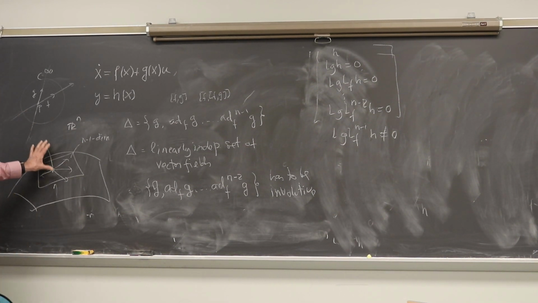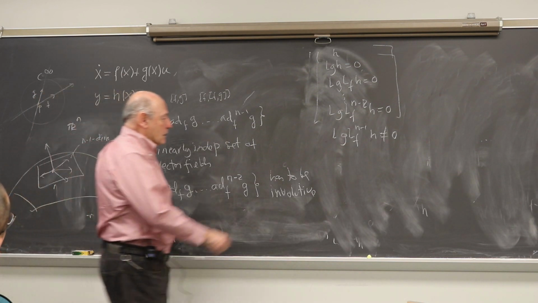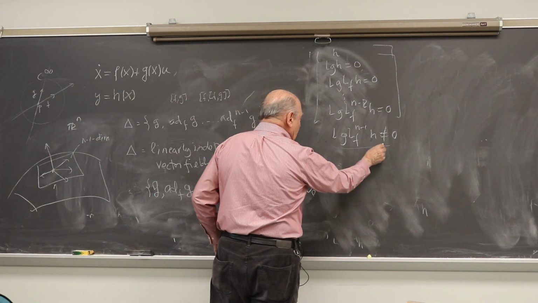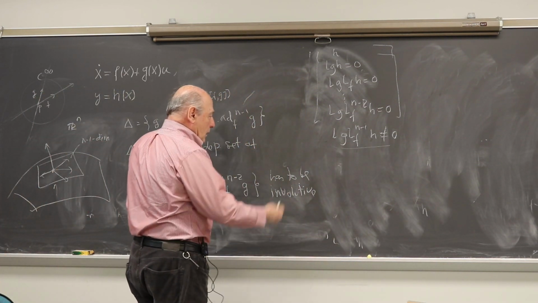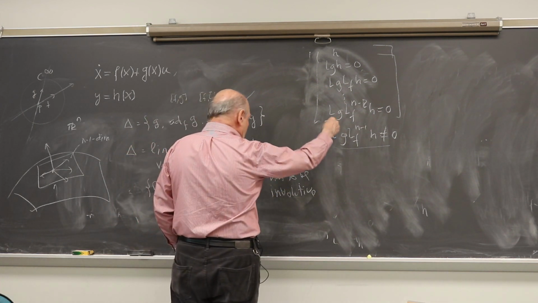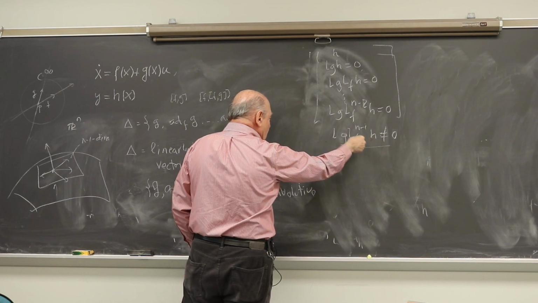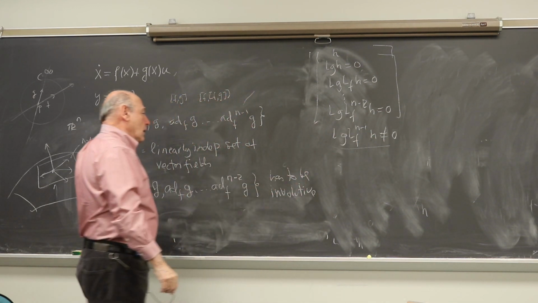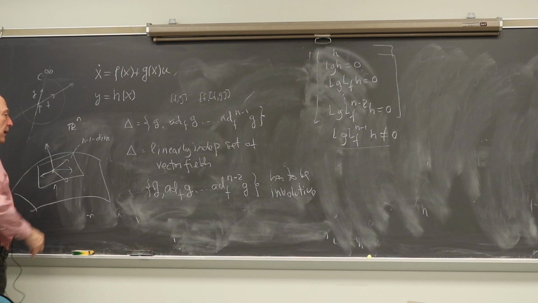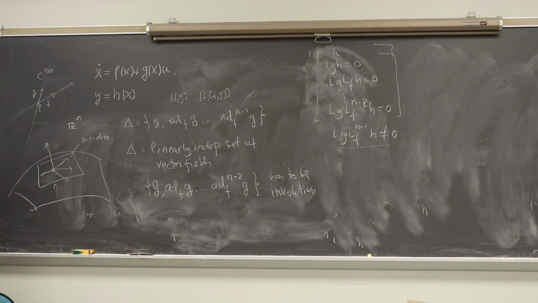So this condition of being able to control the system in the last equation is represented by this one. And what it means is that along the Lie bracket corresponding to this expression, I will have a non-zero influence, and the control will be able to enter in the last equation.